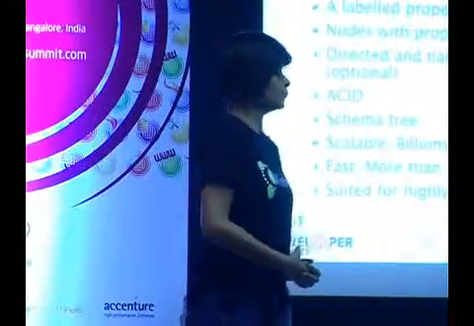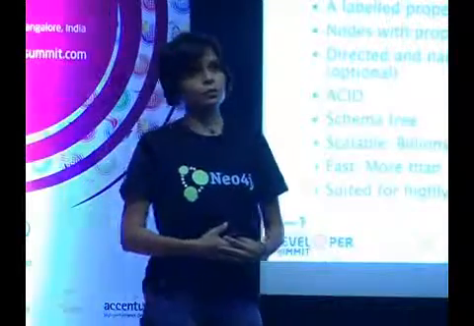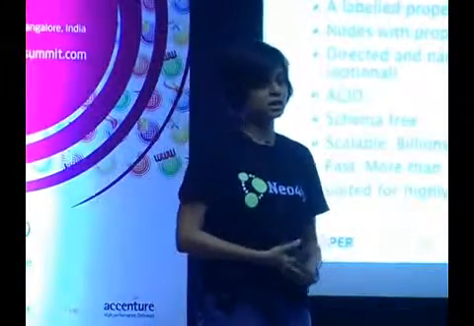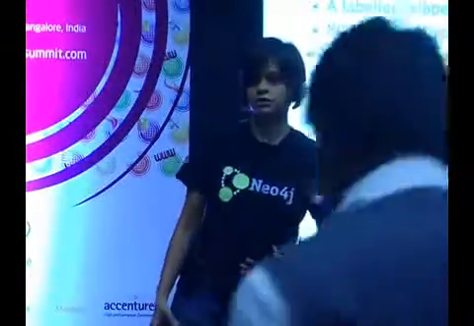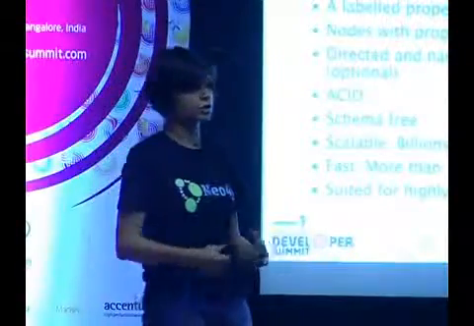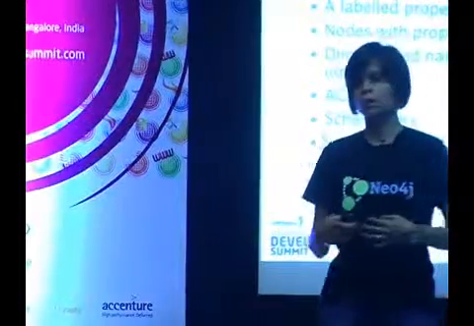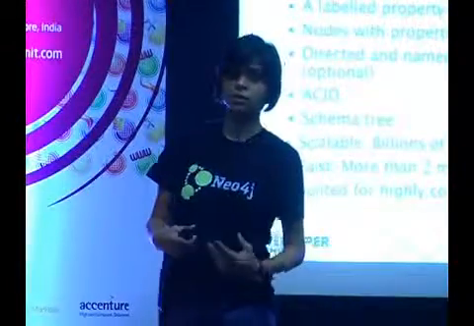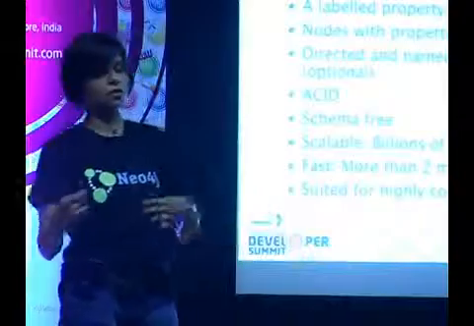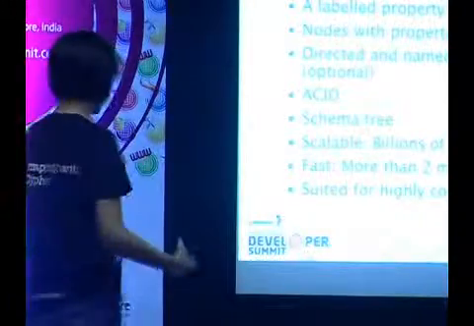But what you're missing in a relational database is the meaning in those relations. What is interesting in those relations? What data can you infer out of the relations? What extra intelligence can you pull out of entities or nodes which are connected to each other because of these relations?